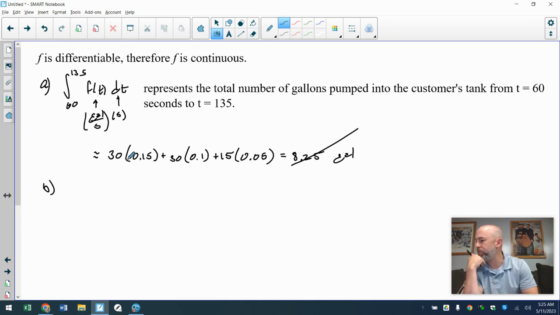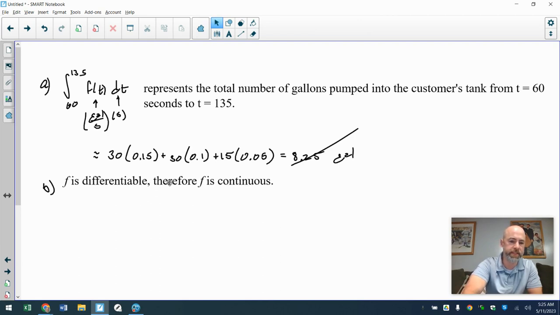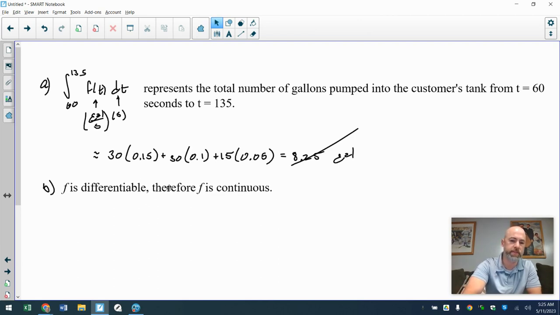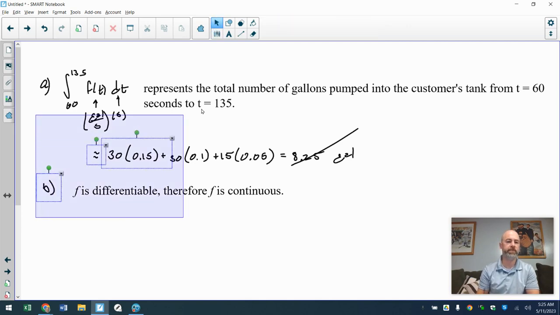Part B is a mean value theorem question. Must there exist a value C in the interval from 60 to 120 such that f prime of C is 0? So I'm going to bring this down here because this is the part where you need that qualifier: f is differentiable, therefore continuous.